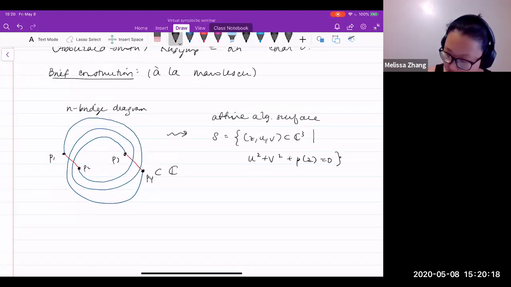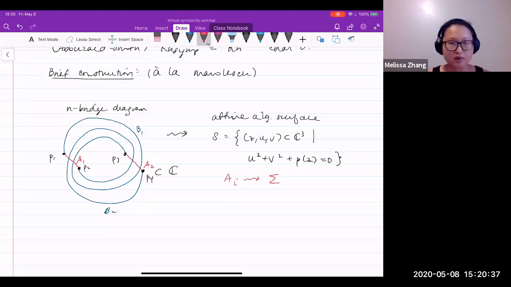So what's really happening here is that if I label my red arcs by A_i, and I label my blue arcs by B_i, I can then in this bigger space see that it's supposed to be some sort of topologically an S2, right?